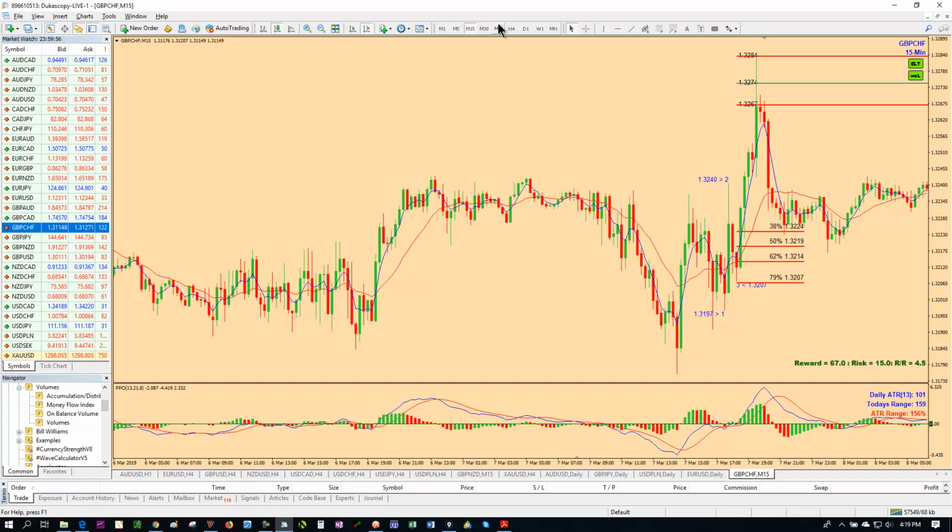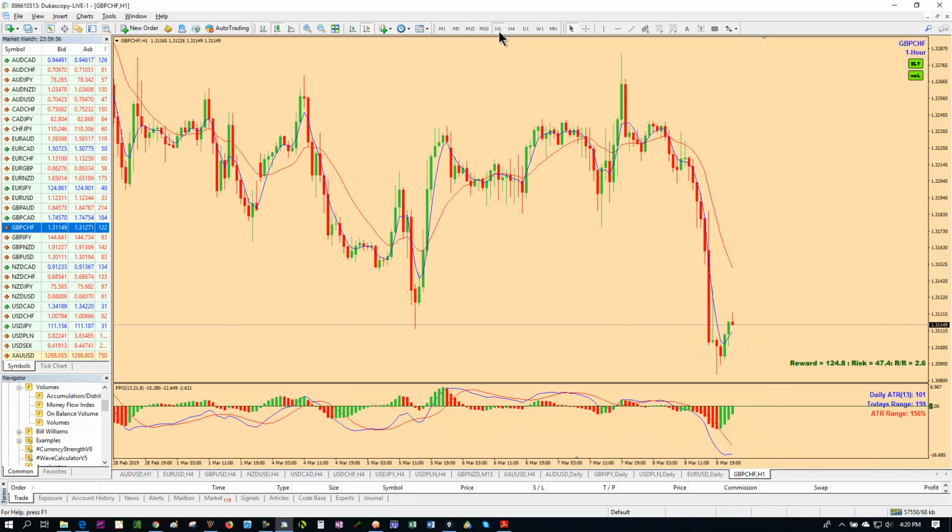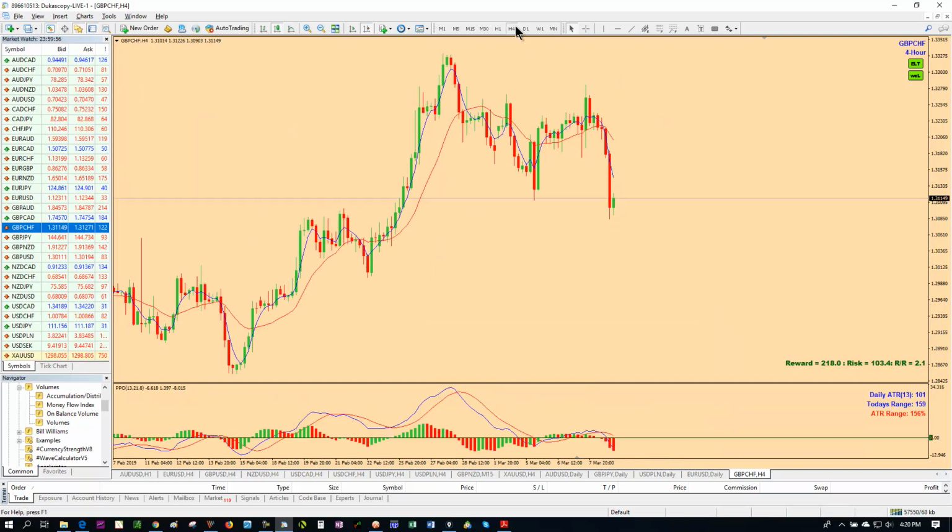Okay, so if we move up to the 30-minute, this is what it would look like. If we went to the 1 hour, this is what it would look like overall. Yes, we're in an uptrend, but we're very close. I'm going to keep going higher just to show you where we're at. We are in a fourth wave, so this is a very dangerous place to be playing in the first place.